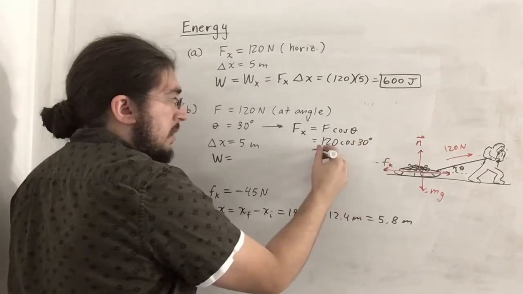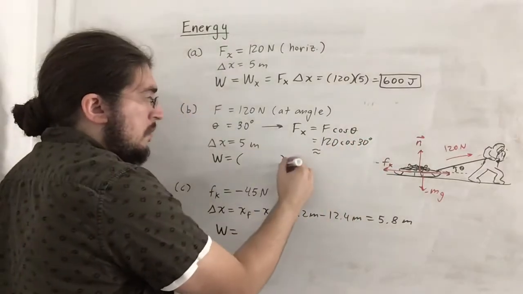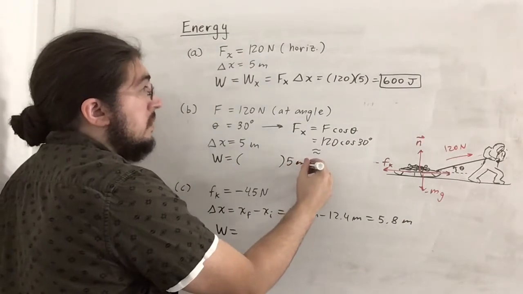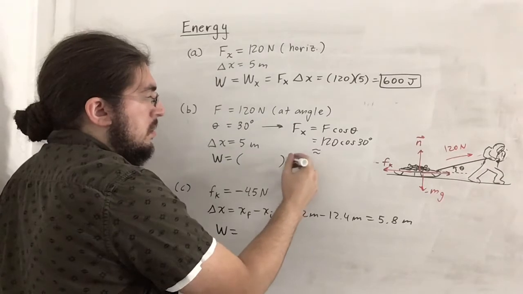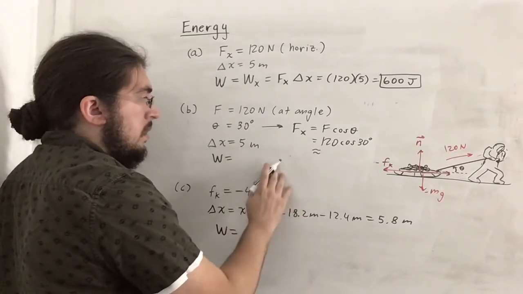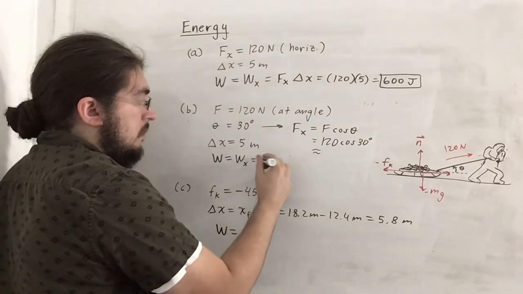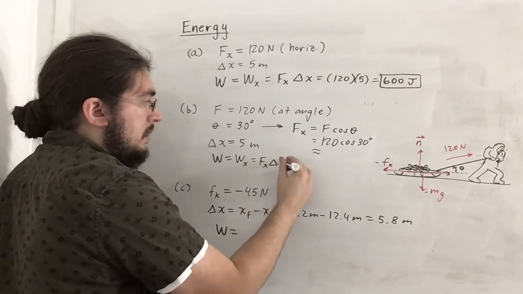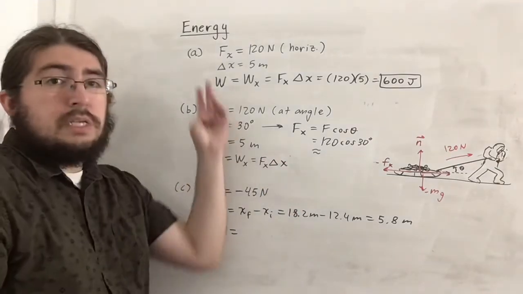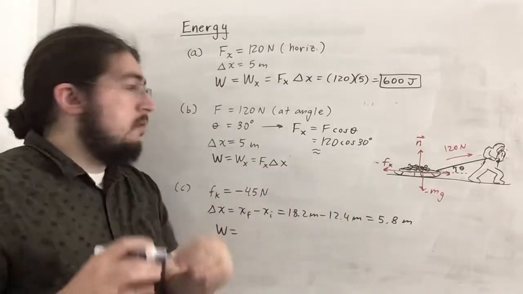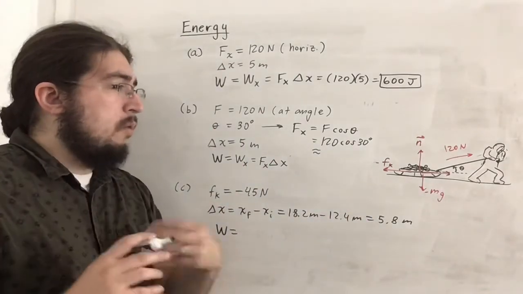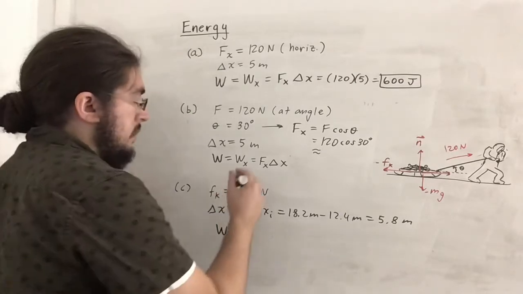We'll use our calculators to approximate this, and then multiply that result by 5 meters, which is delta x. W is still Wx, which is Fx delta x. For the same reason as the first one, there's no vertical motion at all, only horizontal motion, so the net work is purely horizontal.